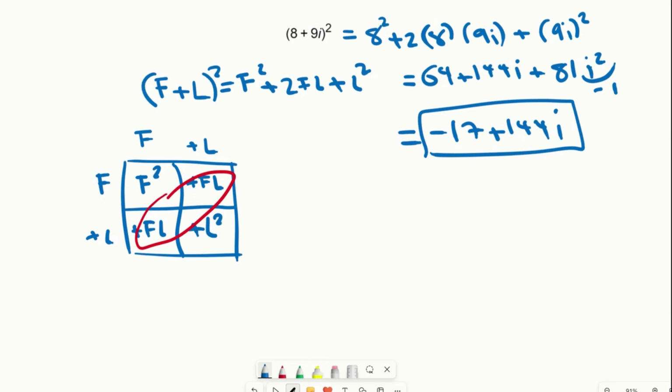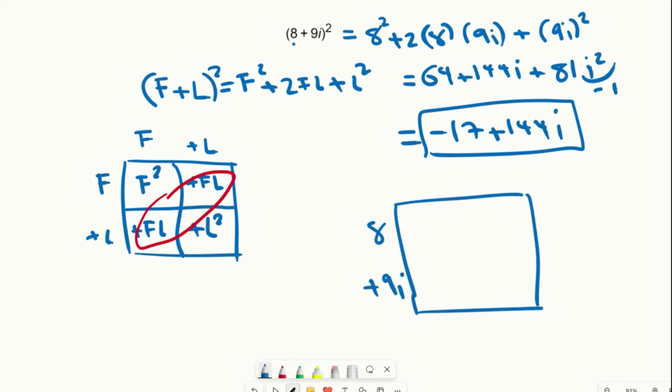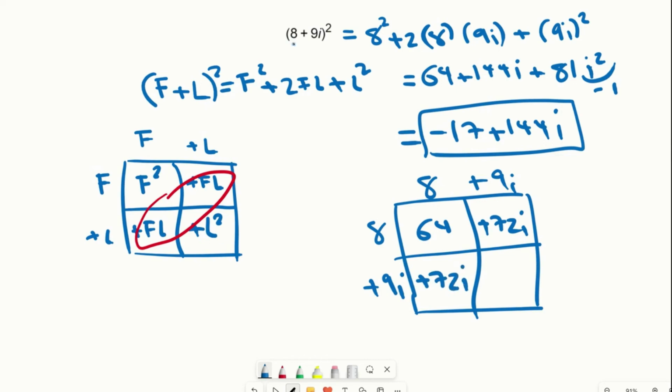Another way is just to directly use the table method on that expression itself. So we would just put 8 plus 9i, 8 plus 9i, and we would just go ahead and multiply it like a times table. So we get 64 plus 72i plus 72i, and then plus 81i squared, which we know is 81 times -1, so -81.